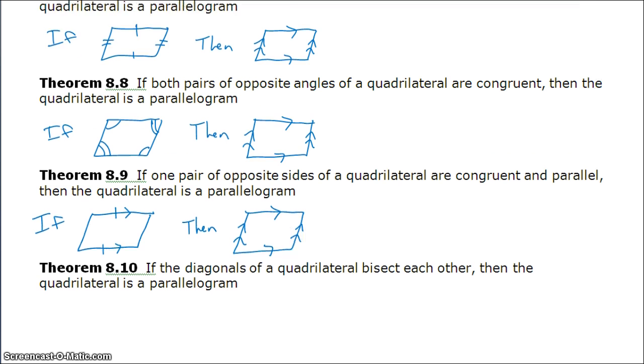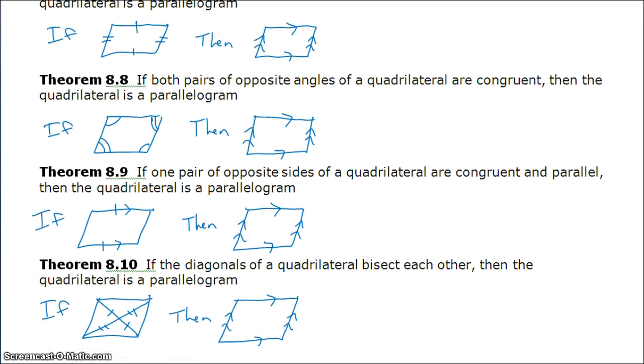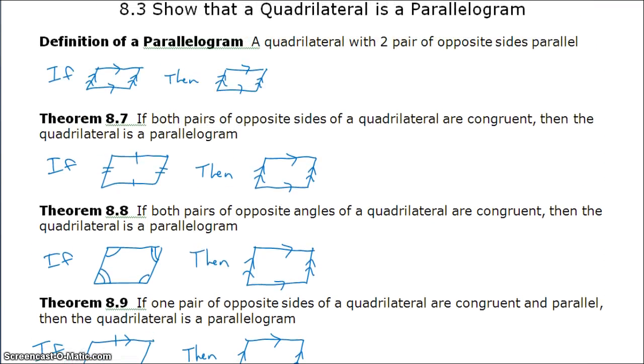And Theorem 8.10 says if we have a quadrilateral and the diagonals bisect each other, then that's enough to prove that we have a parallelogram. So these are the 5 ways to prove that we have a parallelogram.